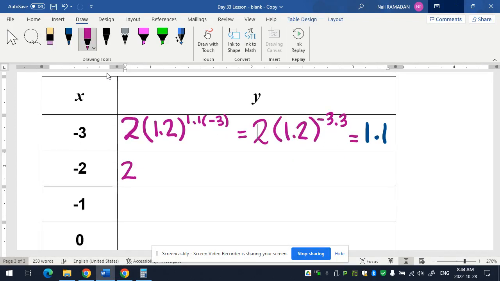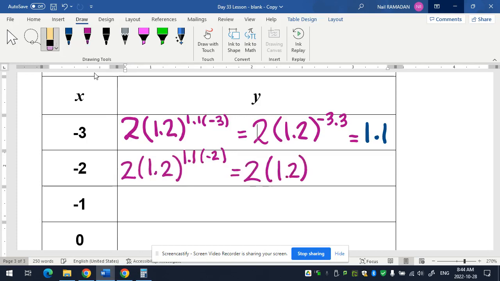2, 1.2 to the power of 1.1 bracket minus 2. Equals 2, 1.2 to what power? What's 1.1 times negative 2? Negative 2.2.